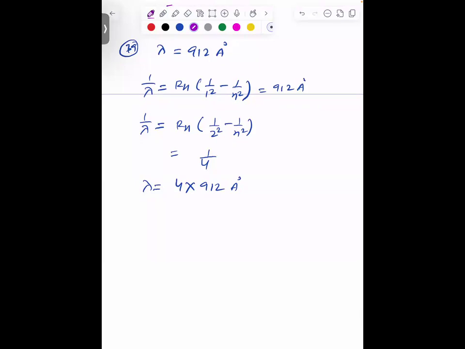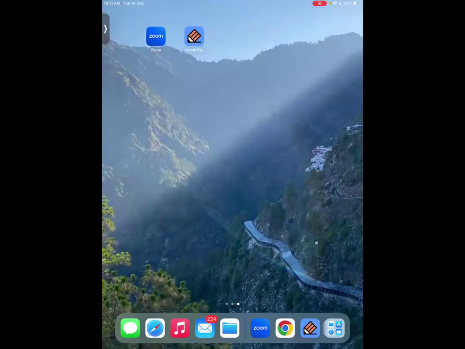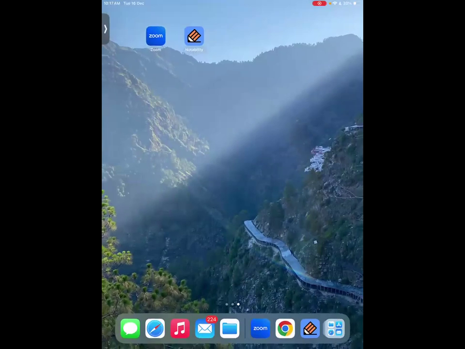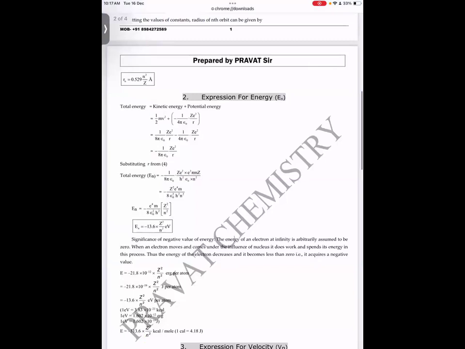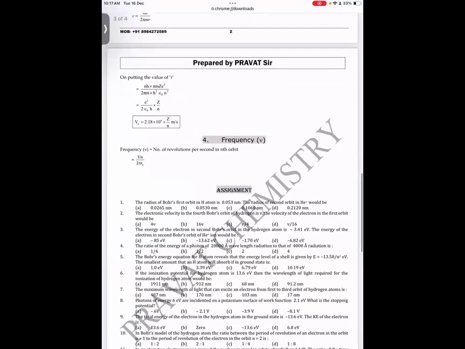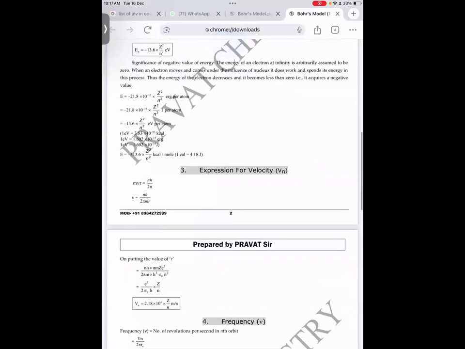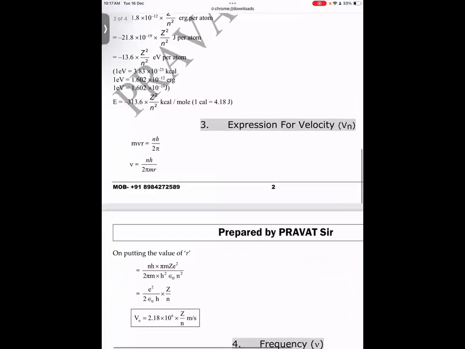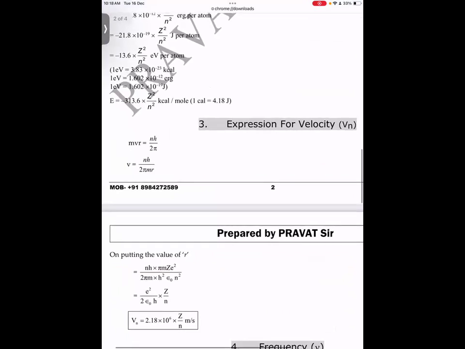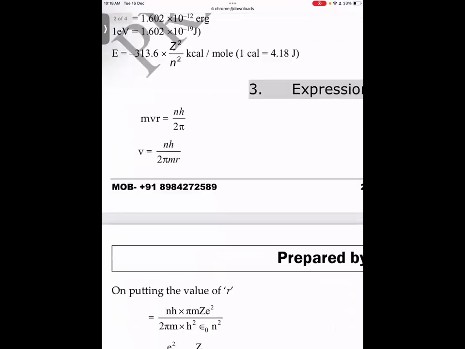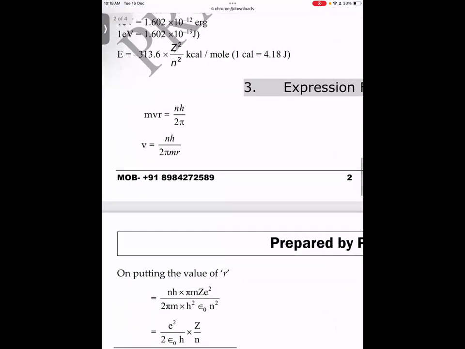Next is the discussion of energy, radius also we have discussed, then speed and the frequency. So we know from the Bohr-Sommerfeld model mvr equal to nh upon 2 pi.